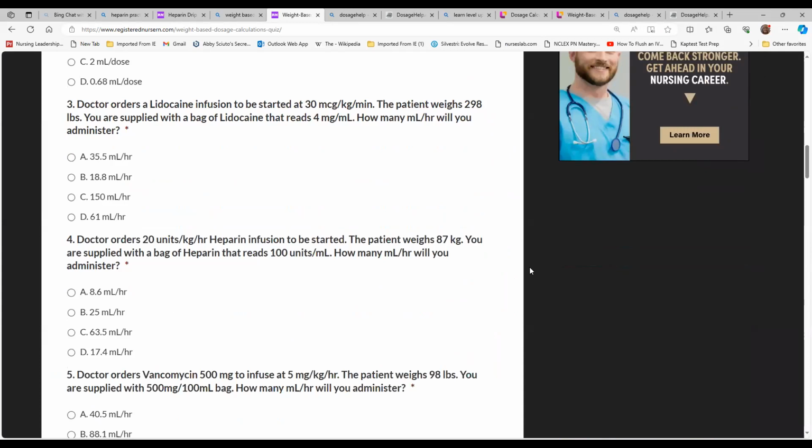All right, let's look at number 3. Number 3 is the same type of question, okay? So we're going to do the same exact steps. Again, it's asking us for mLs per hour. Look at our problem. We have an order for micrograms per minute. And on hand, we have milligrams per mL. So right away, that should tell you what?